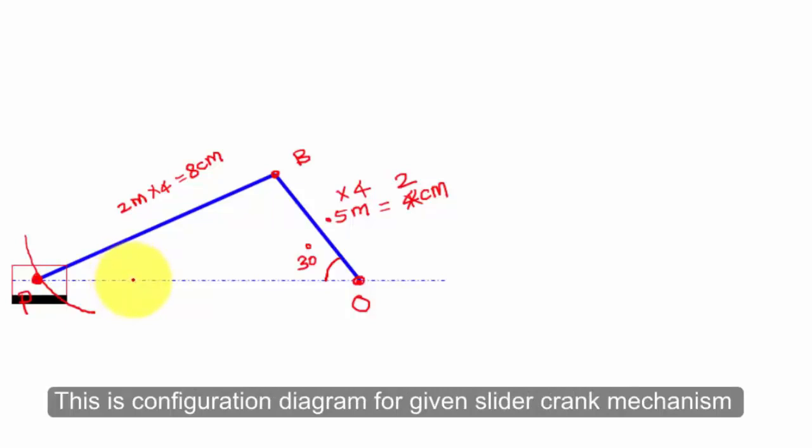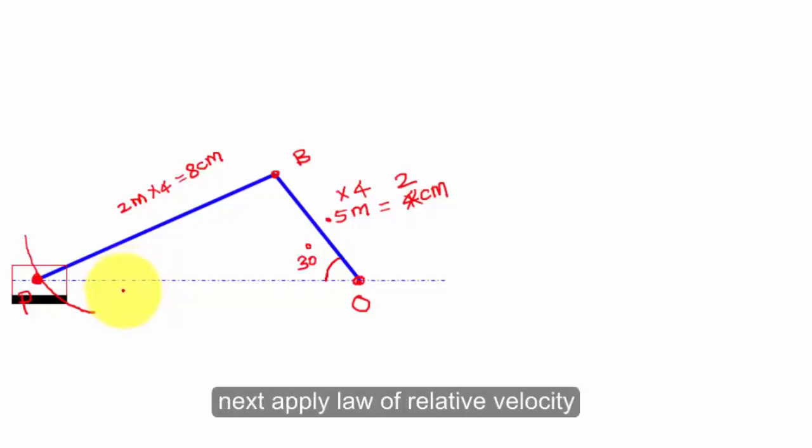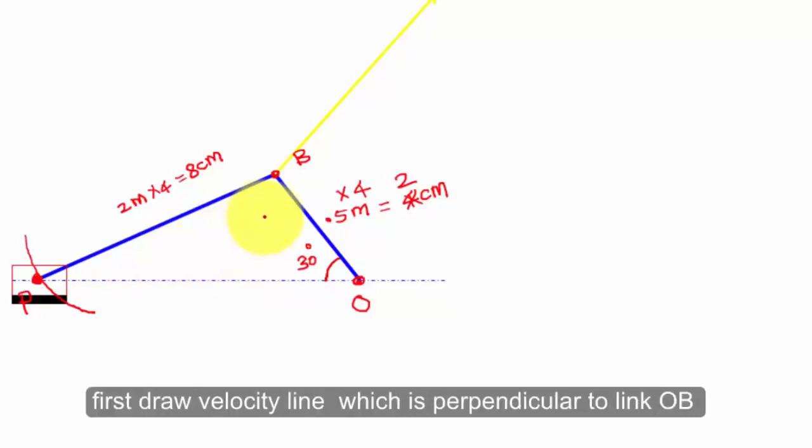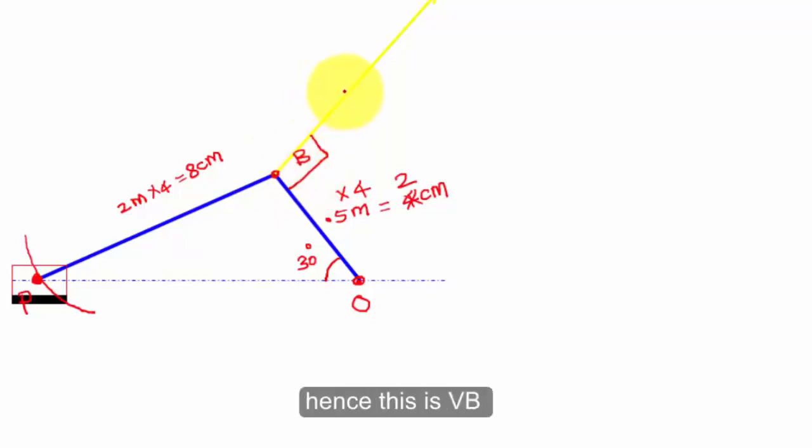Next, apply the law of relative velocity. First, draw a velocity line which is perpendicular to link OB. Hence, this is VB.